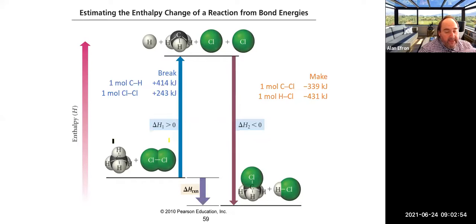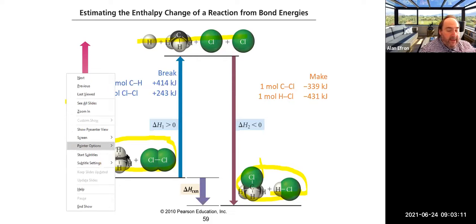These are our reactants, which are starting here in terms of energy. As we start to break all these bonds, the resulting products that are made end up being lower in energy. And this is a classic exothermic energy diagram.